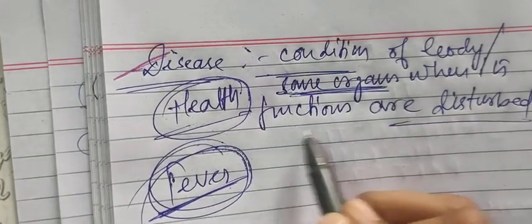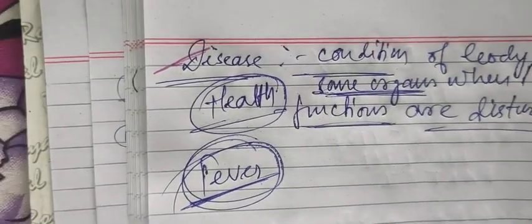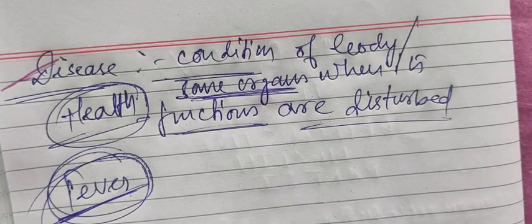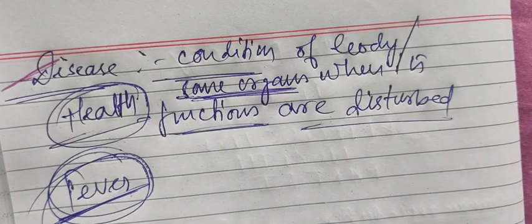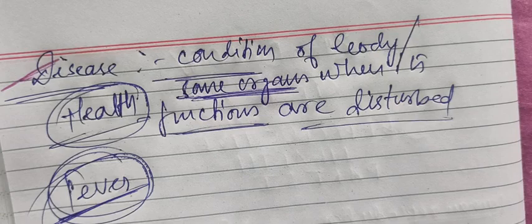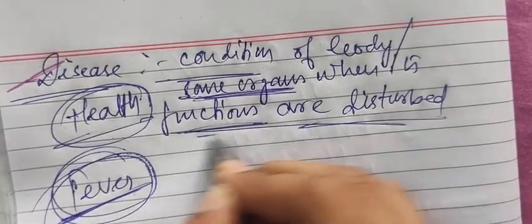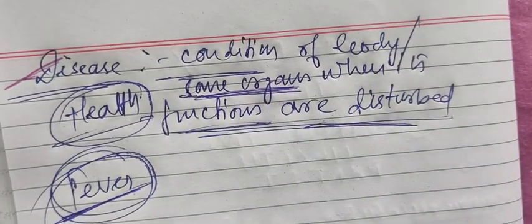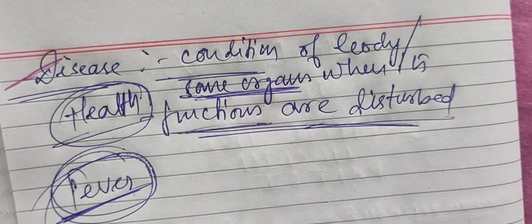So some organs and functions are disturbed, and you can say this is called disease. This is the condition of the body or some organs when their functions are disturbed.